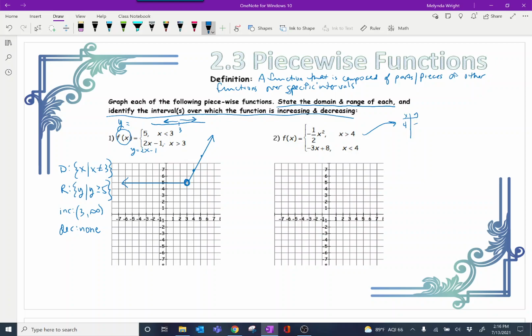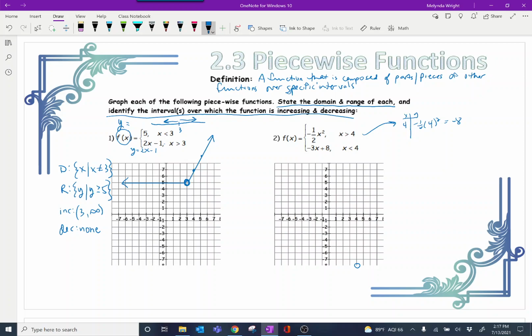We would do negative 1/2 times 4 squared, which is 16. What is that, negative 8? Okay, so at 4, we would go down to negative 8, which would be right here. Now this is a parabola, and it's negative, so it's going to go down.